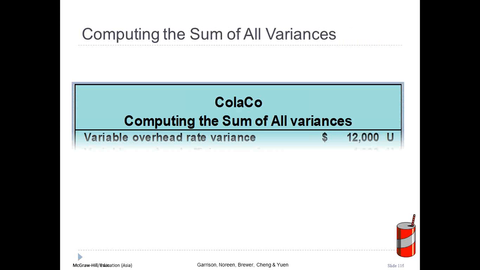The sum of the variable and fixed overhead variances is $44,000 unfavorable. Notice the sum of the variances equals the amount of COLA company's underapplied overhead.